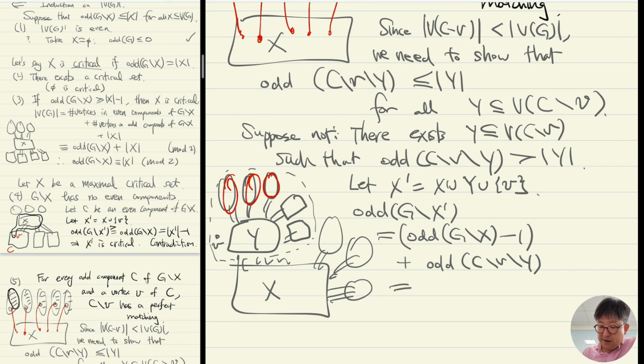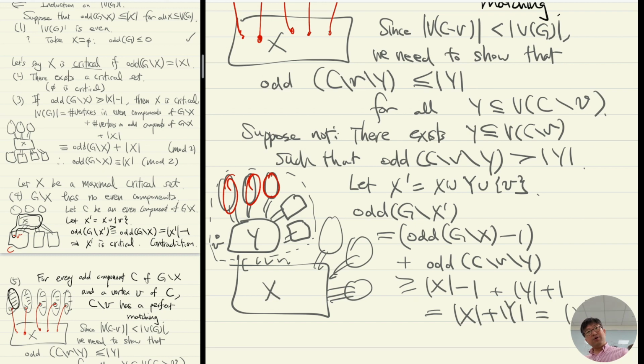Now the number of odd components in G delete X is |X| minus 1, plus this, which is strictly bigger than |Y| plus 1. So this is |X| plus |Y|, which is |X prime| minus 1.